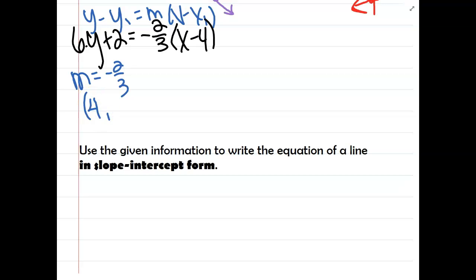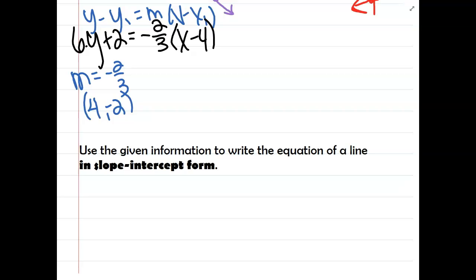So it kind of looks like the 4 is negative, but keep in mind the formula is x minus x1. If I were to plug 4 in there, it would be x minus 4. Well, look what happens with the y. Although the y looks positive, it's actually going to be a -2. Because think about it. If you were to plug -2 into your formula, y minus a -2, that's how you get the +2.